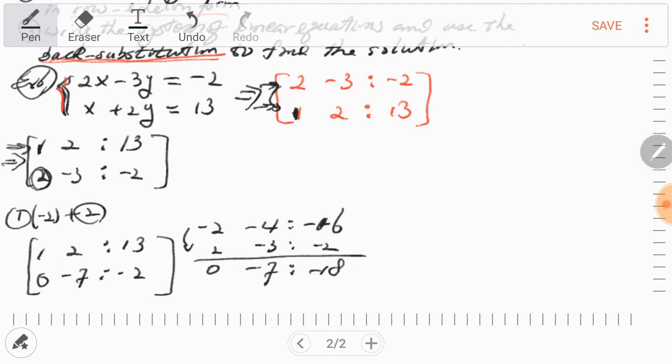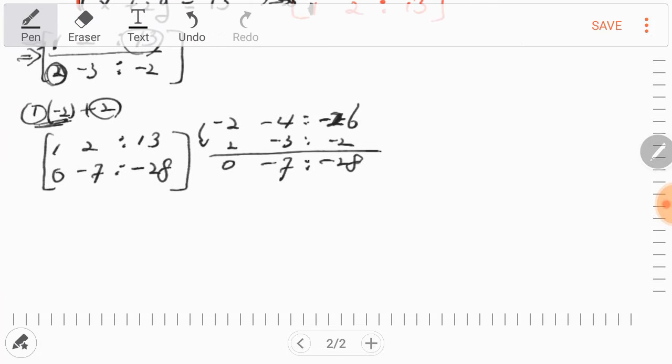Wait a minute. Okay, there is another mistake. Once we multiply the first row by -2, then this is -26. So -26 minus 2 is -28. So this is the second row.